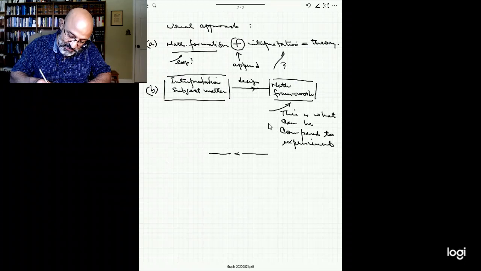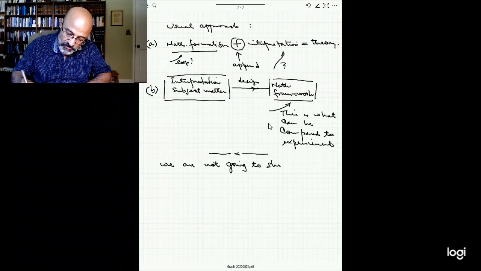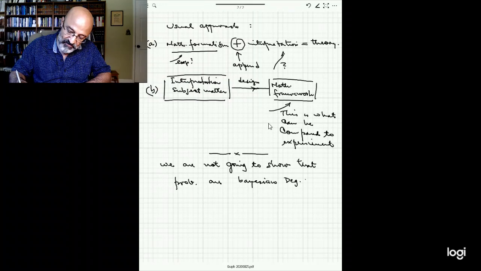Let me write it like this. We are not going to show that probabilities are Bayesian degrees of belief.